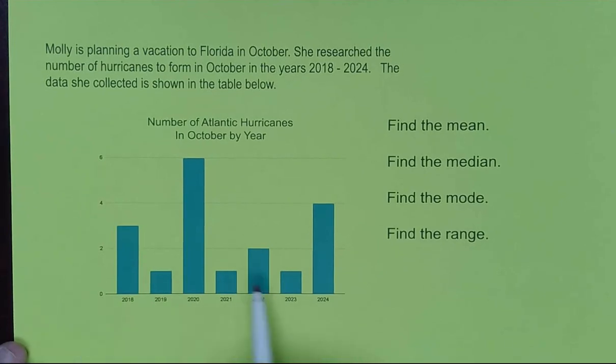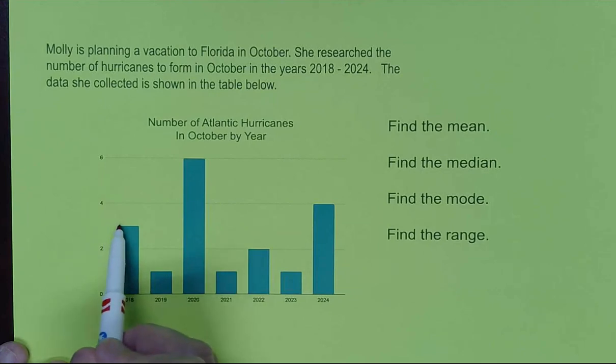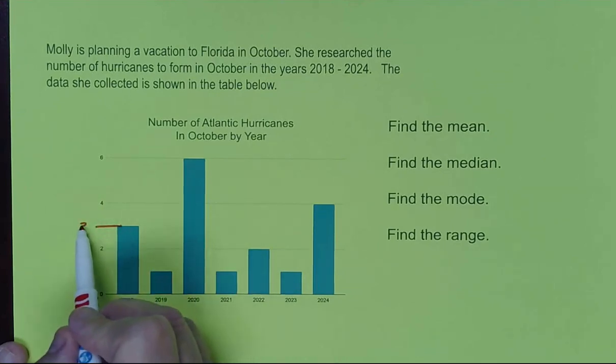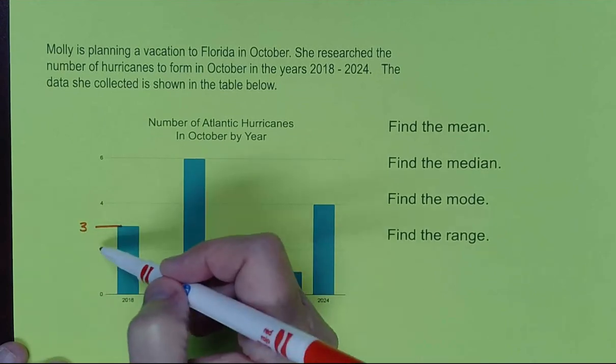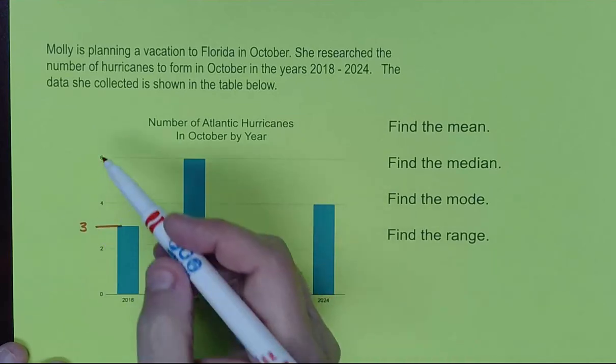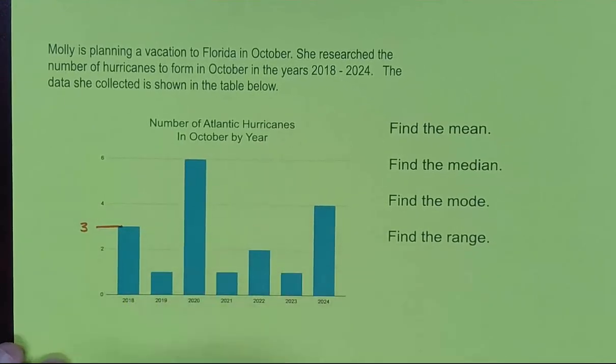On this bar graph, in 2018 it shows there were 3. It really doesn't show me 3, but 2 and 4, and so the number in between. Sometimes your scale will not be filled in with every number, so you may have to figure out what number that represents.